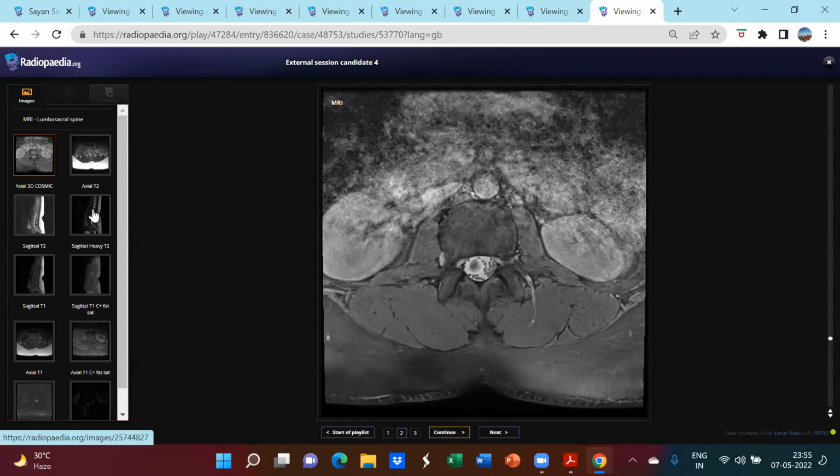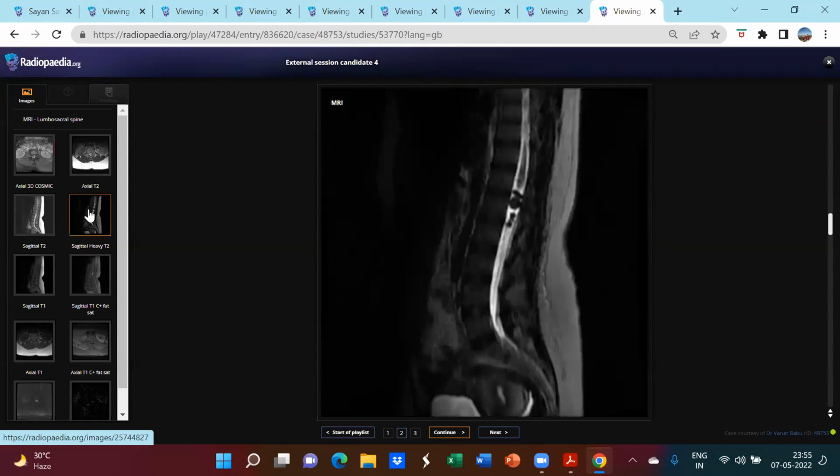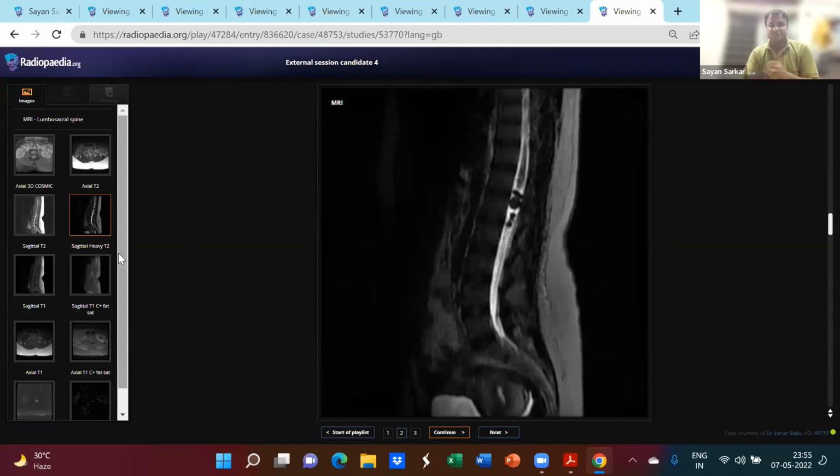I would like to look at the T2 images as well. Yeah, you can see whichever image you want.